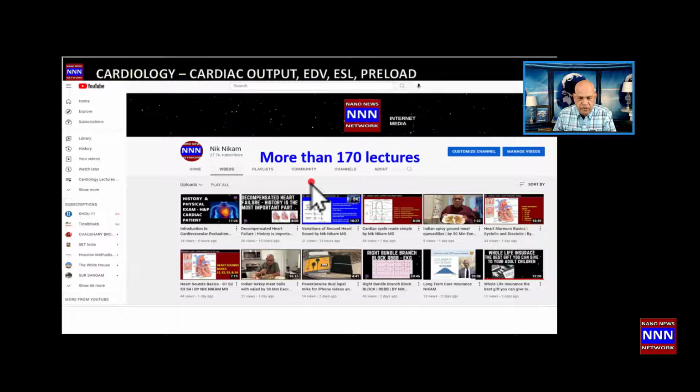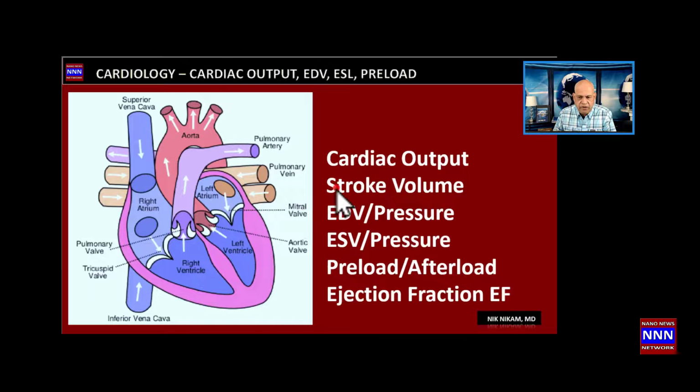The feature presentation is on cardiac output, stroke volume, end diastolic volume and pressure, end systolic volume and pressure, preload, afterload, ejection fraction, cardiac index.